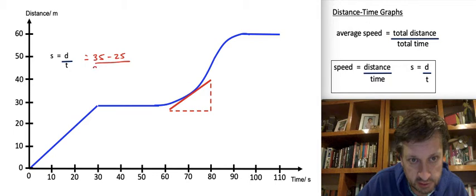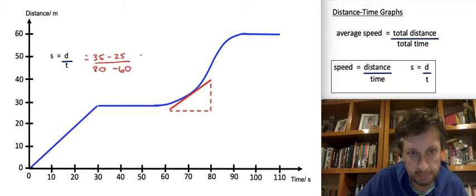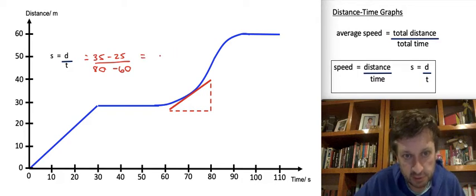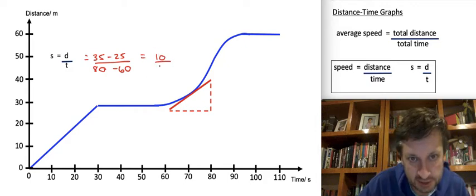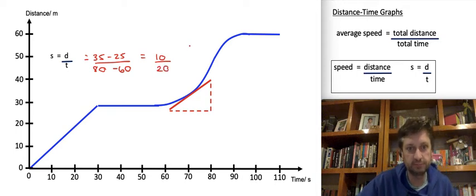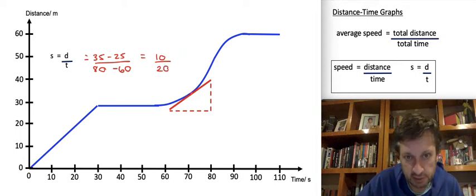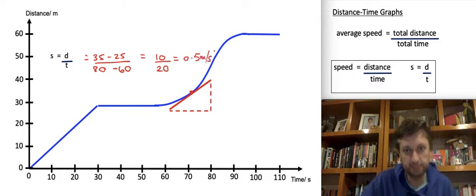We represent that difference as 80 minus 60. 35 minus 25 is a change of 10 meters, and 80 minus 60 is a change of 20 seconds. So I can see here that the speed at the point where the tangent is touching, we have an instantaneous speed of 0.5 meters per second.